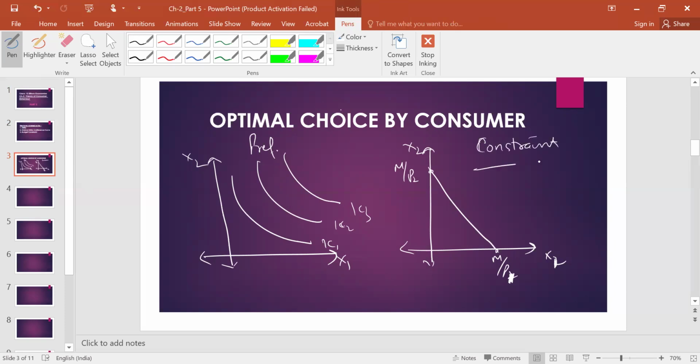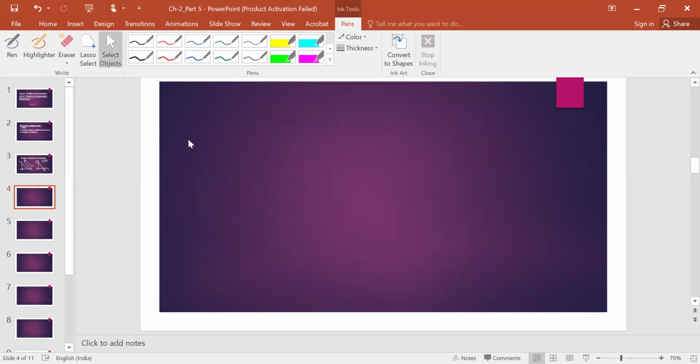He cannot consume all the consumption bundles, and he cannot move to any of the indifference curves. Similarly, he would like to utilize all his income. So now let's understand this first with the help of a diagram.